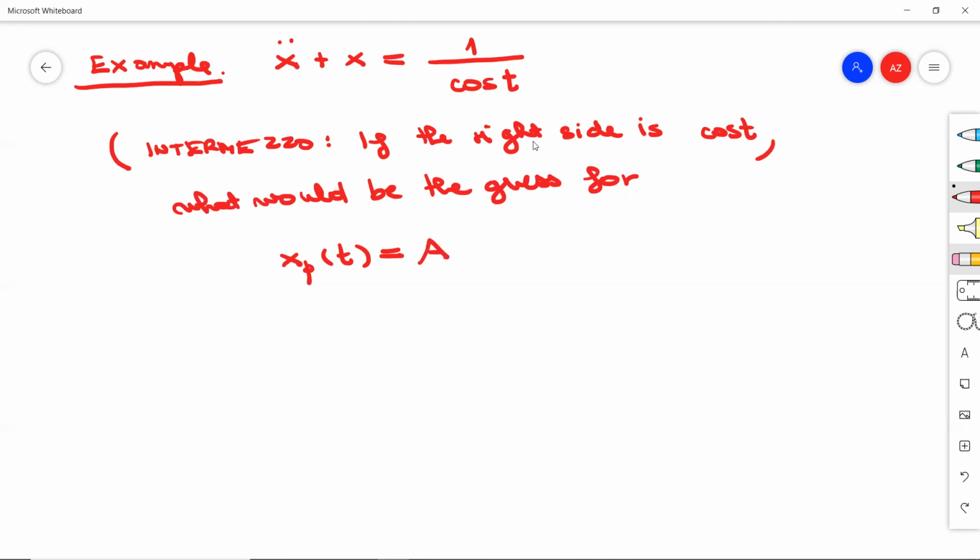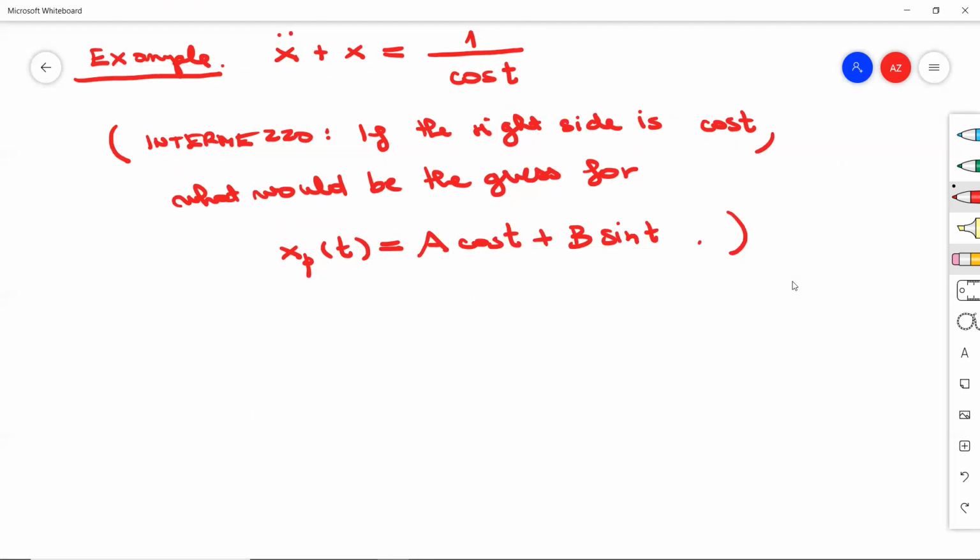So a times cosine t plus b times sine t would be a good guess in general. It always works when we have trigonometric functions. Okay, this is one intermezzo, and here is another intermezzo.